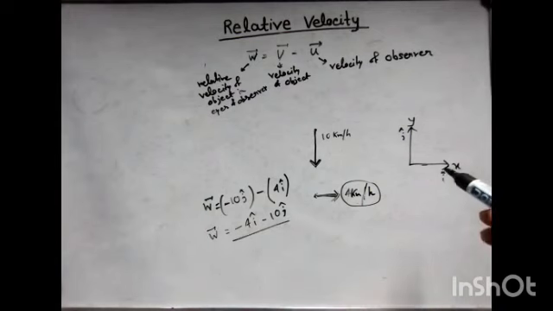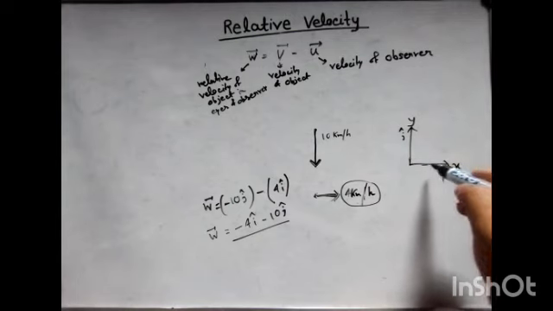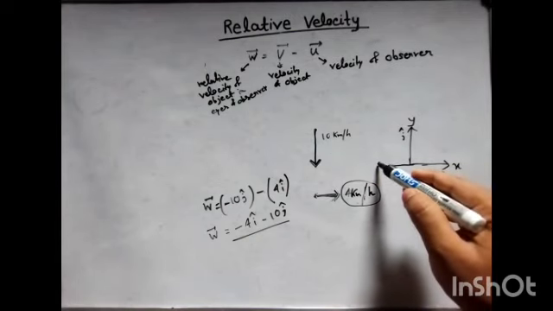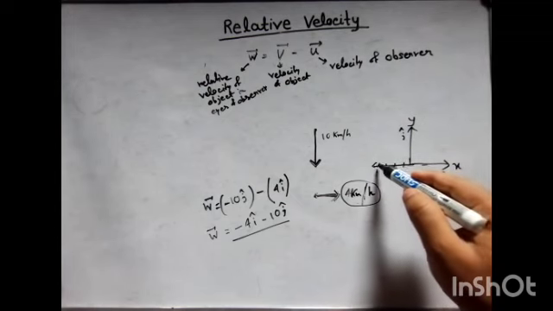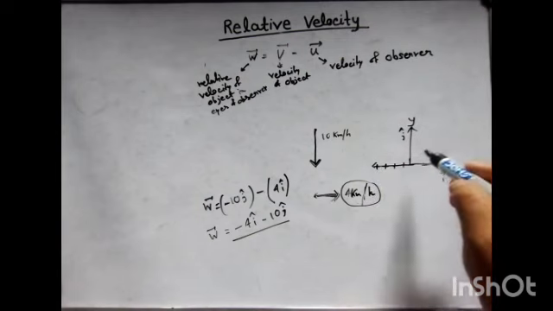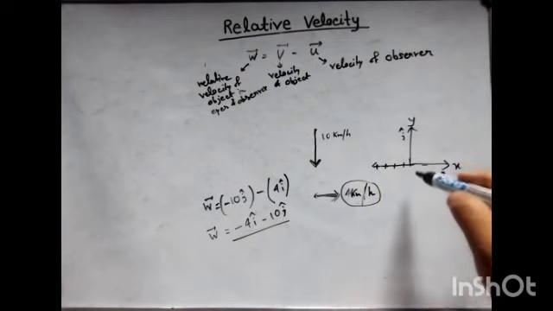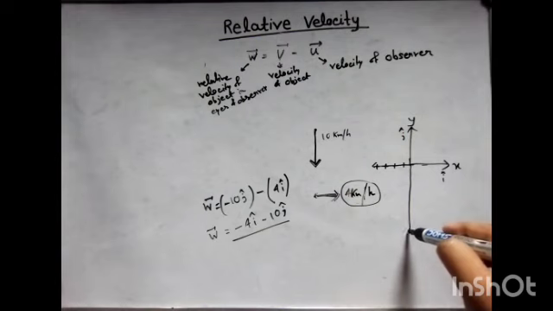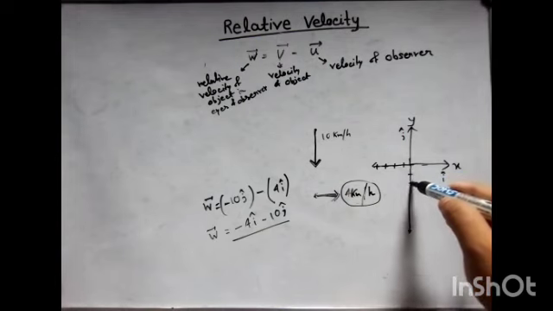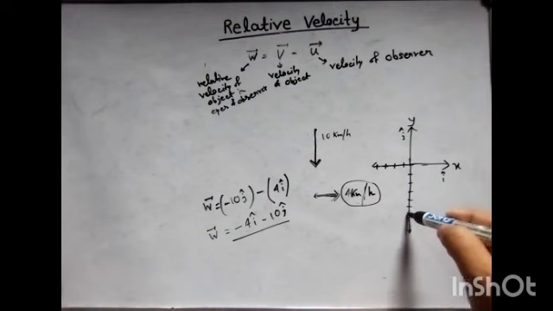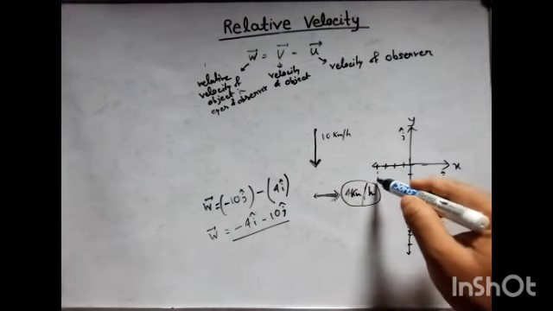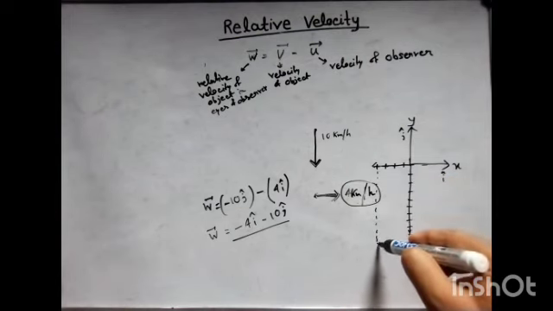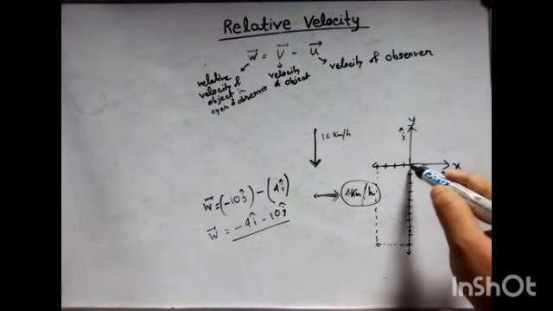So minus 4 i cap means towards the negative x-axis we have to go 4 units, suppose 1, 2, 3 and 4, and towards the negative y-axis we have to go 10 units, that is 1, 2, 3, 4, 5, 6, 7, 8, 9, 10. Now we have to draw a parallelogram and add these two vectors.